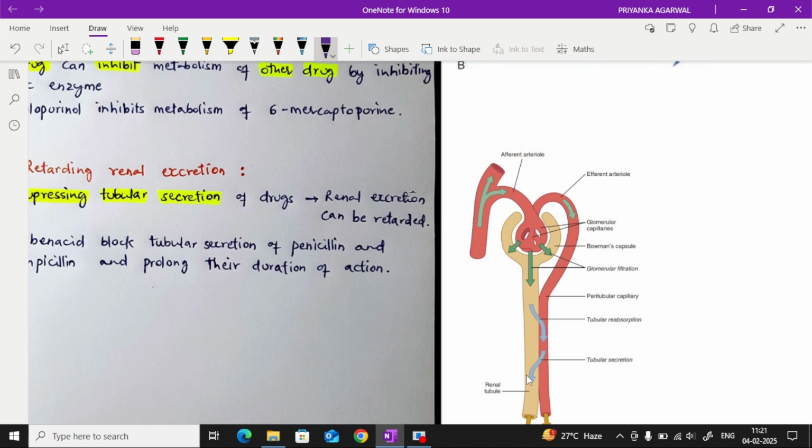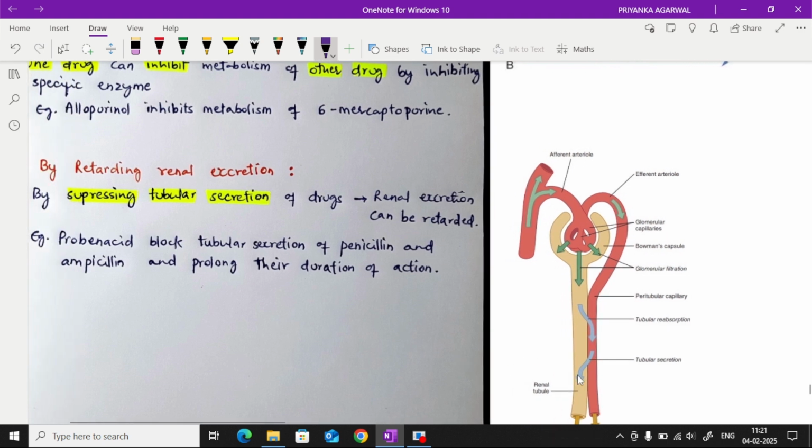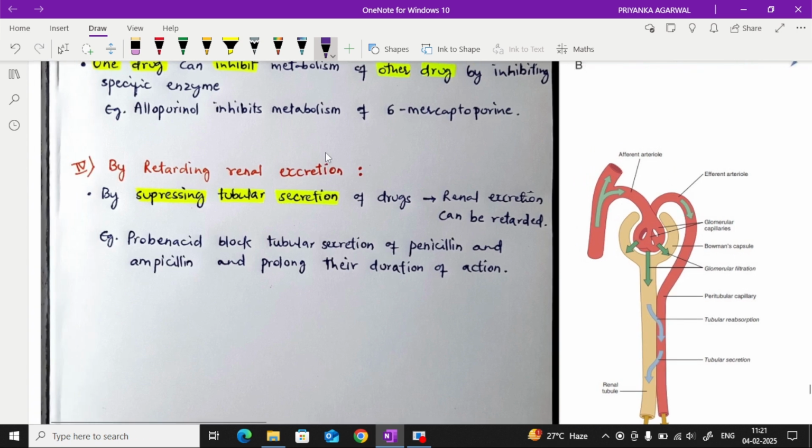This is called tubular secretion: the drug is coming into the tubule. If we suppress this, the drug stays in the blood for more time and acts for a longer time. So by suppressing tubular secretion of drugs, renal excretion can be retarded. The example is probenecid, which blocks the tubular secretion of penicillin and ampicillin and prolongs their duration of action. Penicillin and ampicillin are antibiotics.